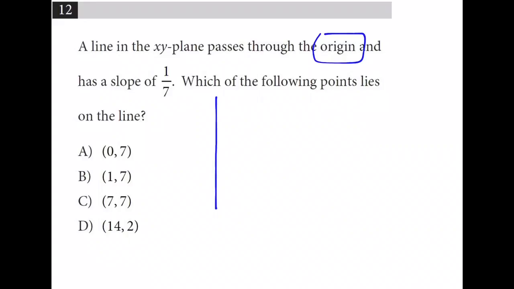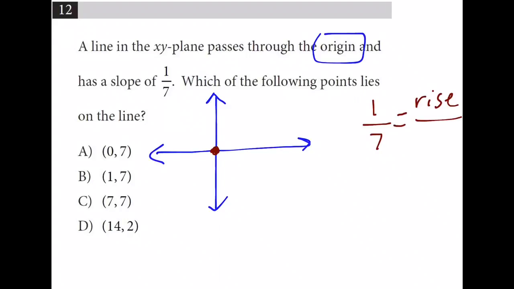If we're looking at a coordinate grid, we are looking exactly in the middle, right here. 0, 0, the origin. If we want to consider a slope of 1/7, we often term slope as rise over run. So given our intercept of 0, 0, we're going to rise 1 and run 7.